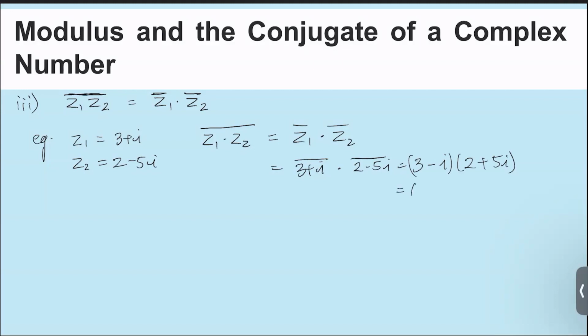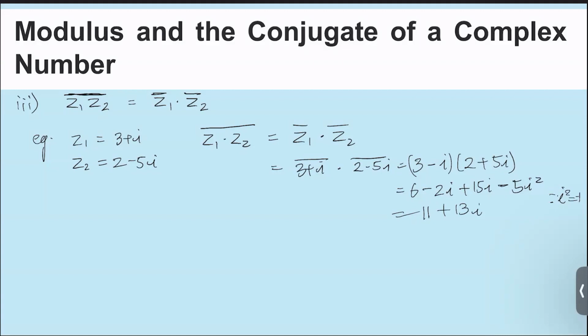If you solve this, you get 6 minus 2i, plus 15i, and minus 5i squared. Over here again, since i squared is equal to minus 1, this becomes plus 5. So this is 11, and this would be plus 13i.